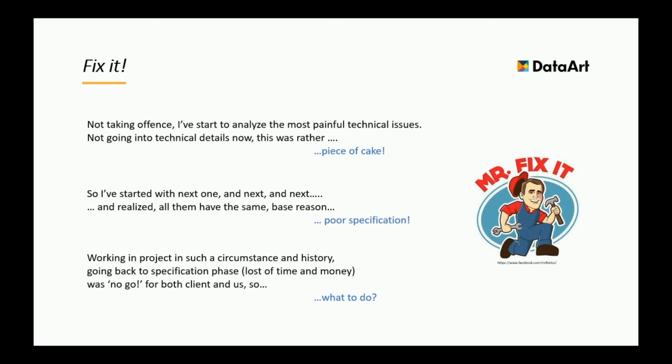I fix all of them, and then I realized that all of them have the same root cause, and again it was not purely in the software. It was a poor specification. The project was conducted at that time in the waterfall model with many cascades.